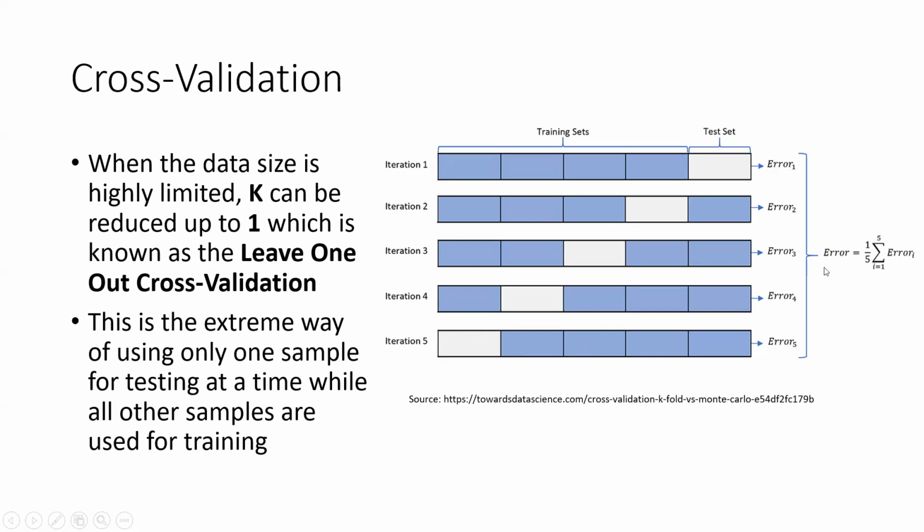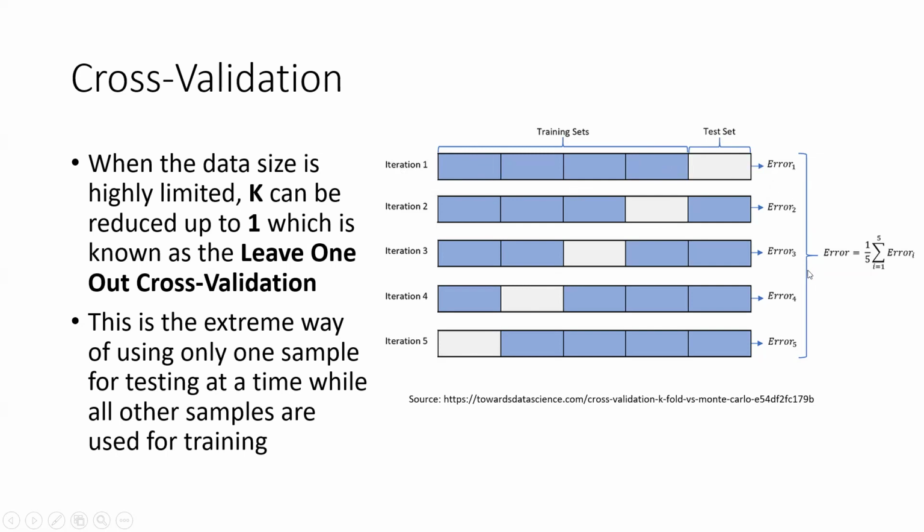So this error can be used as the error of the model. If you were using just a training and test set, you would be using something similar to iteration 1, right? So you are only taking these first 4 data partitions for training and the last partition for testing. But with cross validation, we have used all the data points for testing.